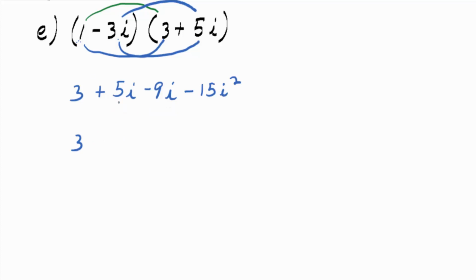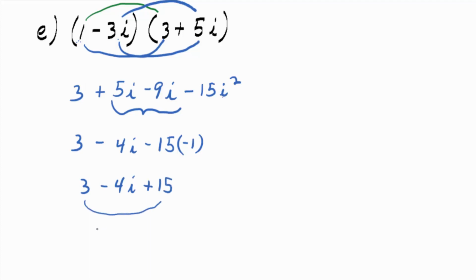Let's make it a minus there. So minus 4i in the middle. And then minus 15 times -1. Right? Did everybody see what I did? I replaced the i squared with -1. And so you get 3 minus 4i plus 15. You see any like terms there? So 18 minus 4i.